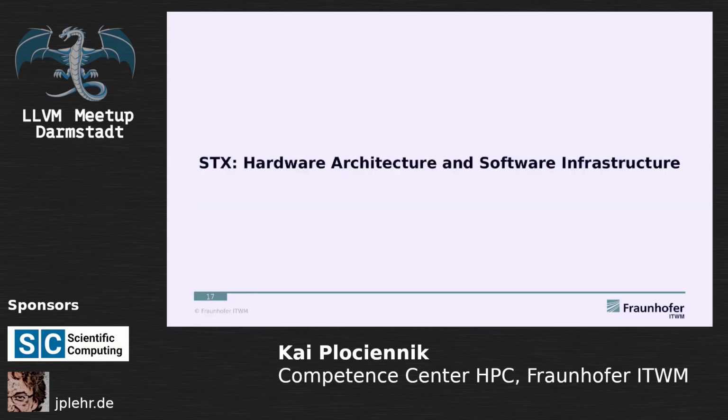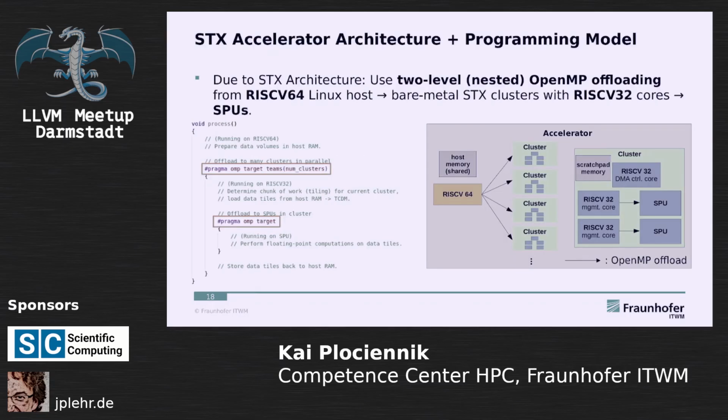Okay, so let's talk a bit about STX's hardware architecture and the software infrastructure. On the right-hand side, you see a diagram of our accelerator. What you can see is we have a host processor, a RISC-V 64 core. You have some host memory, which is shared. And then you have lots of clusters, and each compute cluster contains several RISC-V 32 cores.